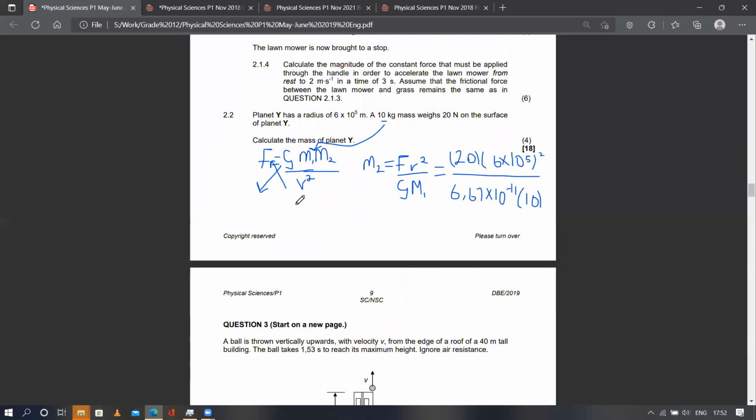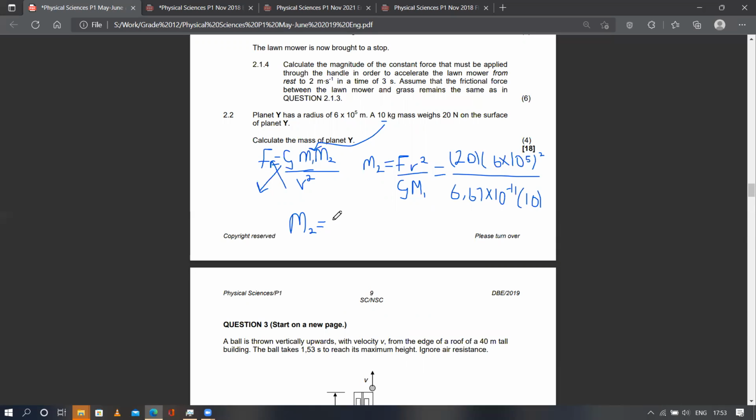So from substituting, we can calculate the mass of the planet, which is going to be M2. So that's going to be 20 times (6 times 10 to the exponent 5) squared, divided by 6.67 times 10 to the exponent -11, multiplied by 10.